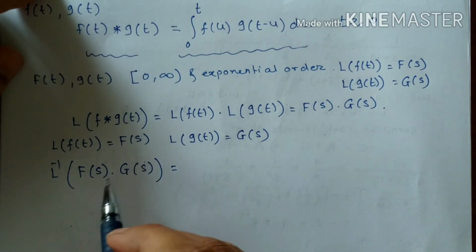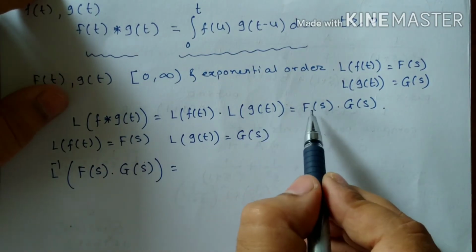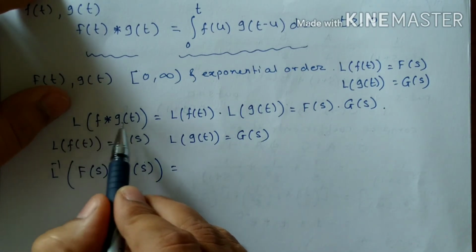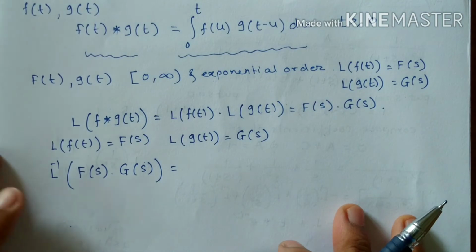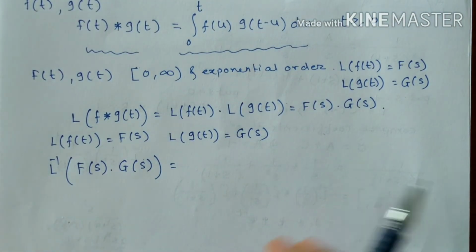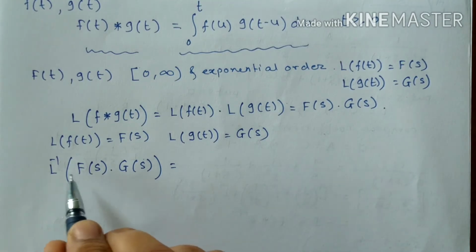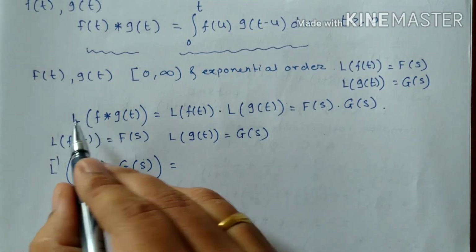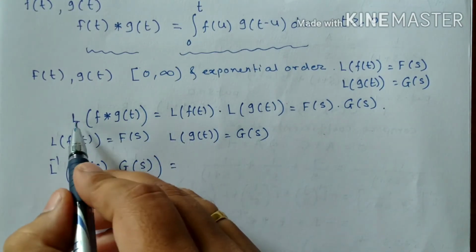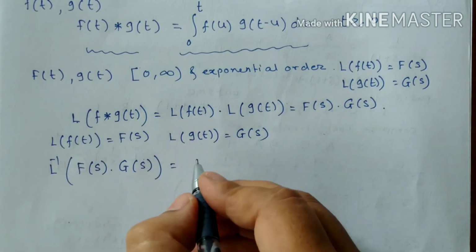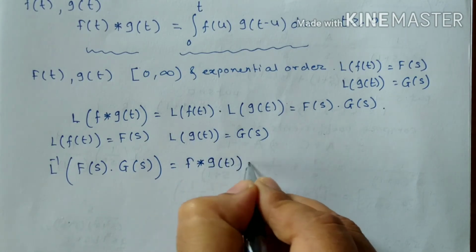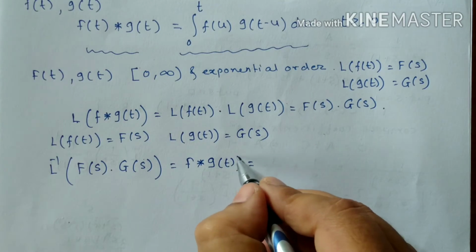Now just have a look here. F of s into G of s is nothing but Laplace of f convolved with g. Is it correct? Yes. Now if I take L to the right hand side, what will remain on the left side? It is f convolved with g of t. But what is the definition of f convolved with g of t?